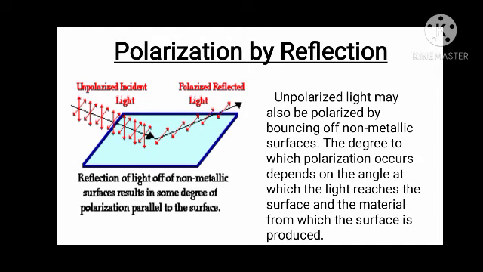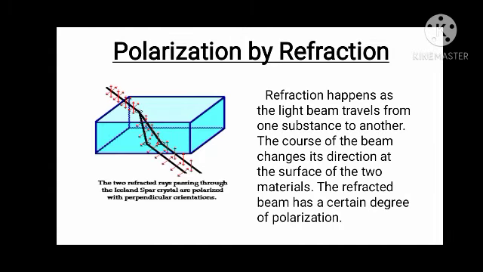Next one is by refraction. Refraction happens as the light beam travels from one substance to another. The course of the beam changes its direction at the surface of the two materials. The refracted beam has a certain degree of polarization. Polarization happens most frequently in a plane perpendicular to the surface.